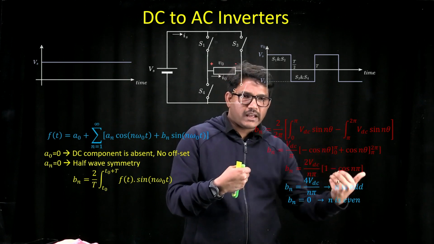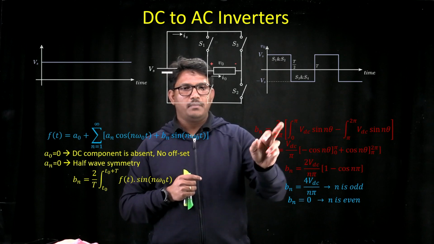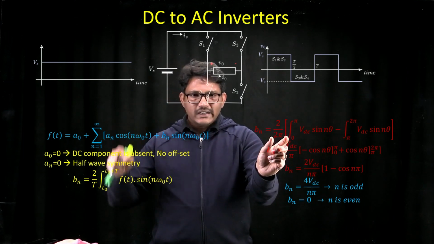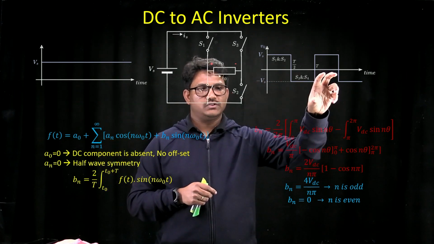The duration of the AC output voltage we expect is 2 pi, so 2 upon T for us is 2 pi. Then we integrate over time, which means we need the average value of this square waveform.